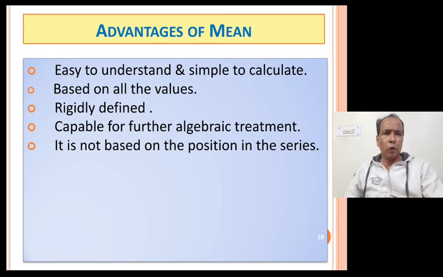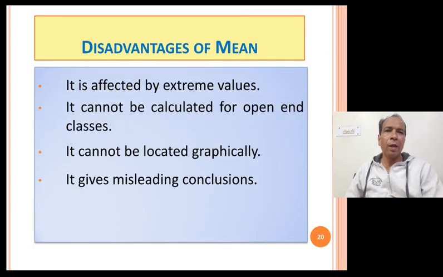It is capable of further algebraic treatment, meaning you can calculate combined means if you have 2 or 3 means and the number of observations in those groups. It is not based on the position in the series, that is, it is not a positional measure.